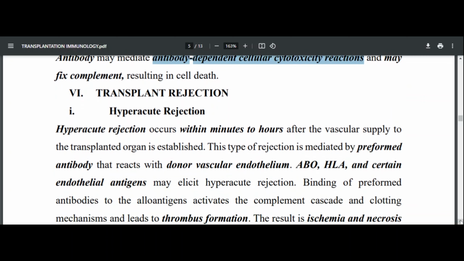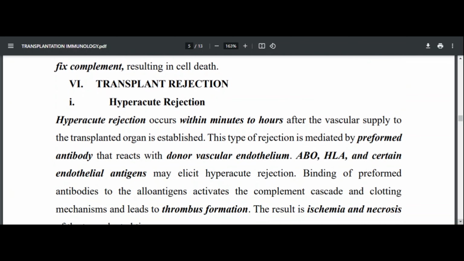Now let's look at transplant rejection. There are three main mechanisms of transplant rejection. The first mechanism is hyperacute rejection. And what is hyperacute rejection? Hyperacute rejection occurs within a very few minutes to hours after vascular supply to the transplanted organ is established.